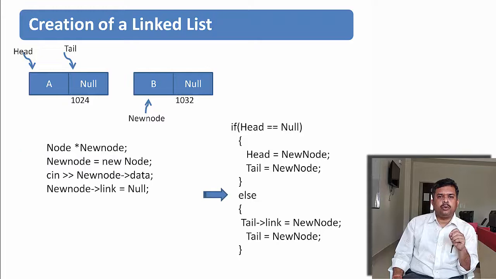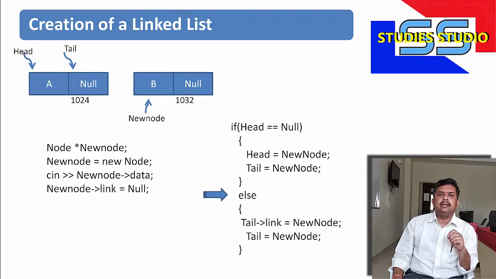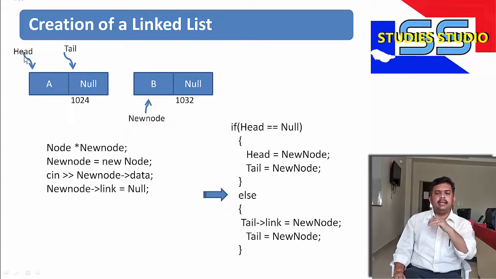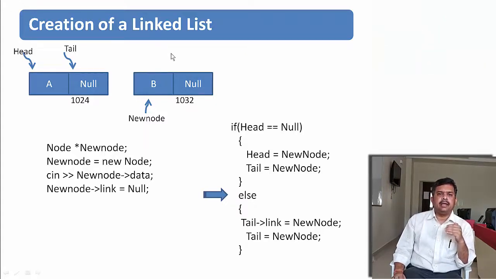Let us say one more node we created, and we kept the data B and its link content null. So you can come to the else part. Let us come to the else part. Here you can see tail's link become new node. So a link is established, and we are keeping the address in the first node as 1032.